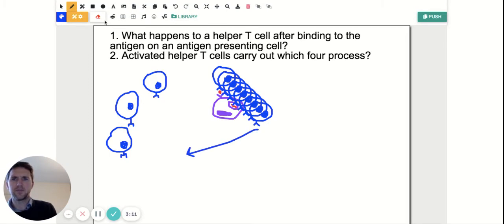First thing, they release chemicals, and you don't need to know this, but they're called cytokines.